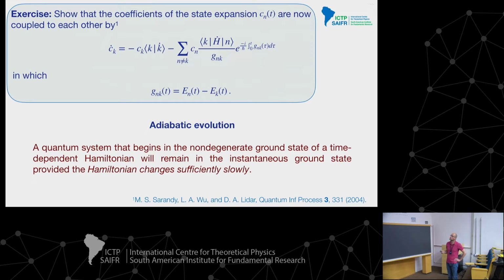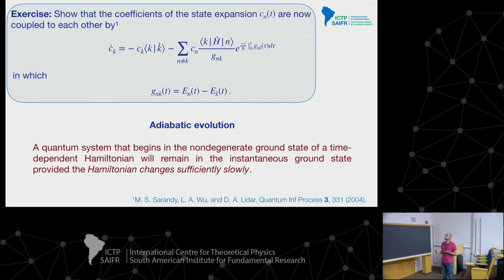Observe that if you try, for instance, to find the solution for the coefficient C1, this coefficient depends on the other coefficients, right? 2, 3, 4, and so on. So they are coupled. That's a problem. For that reason, it's very difficult to solve this equation. But there are different strategies to approach this problem.